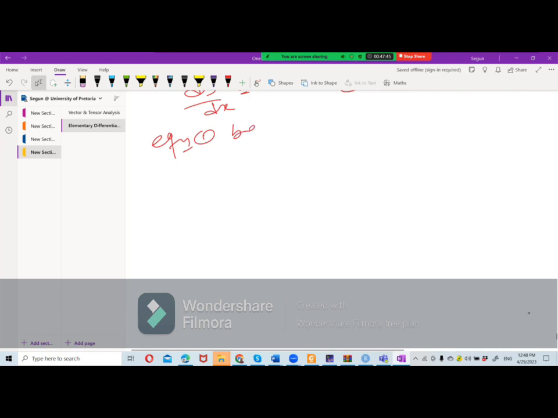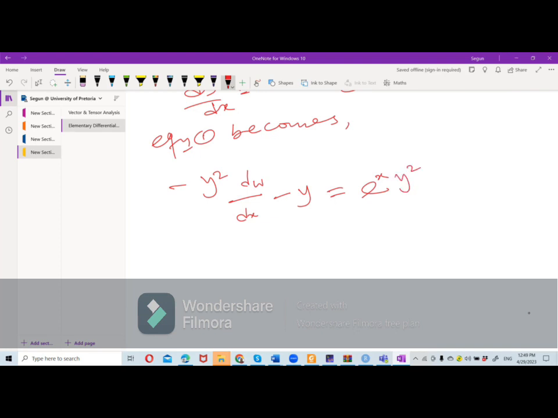Equation 1 becomes: your dy dx will be negative y squared dw dx, minus y equals exponential x y squared.